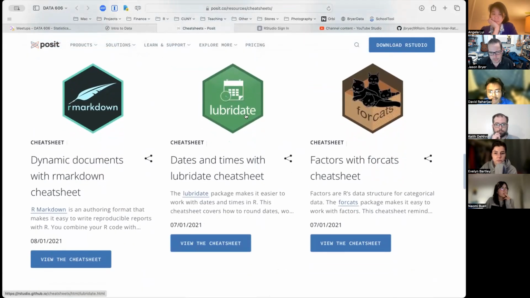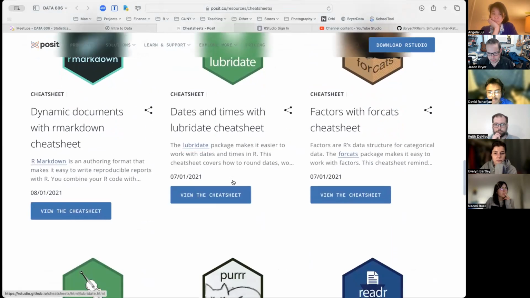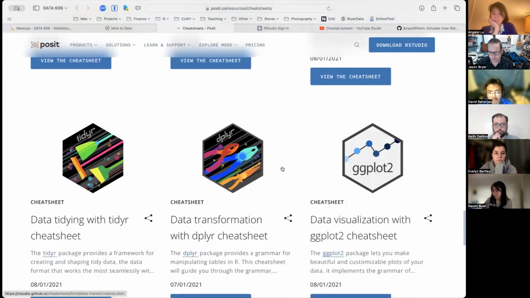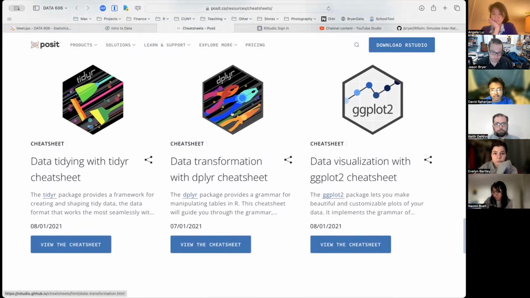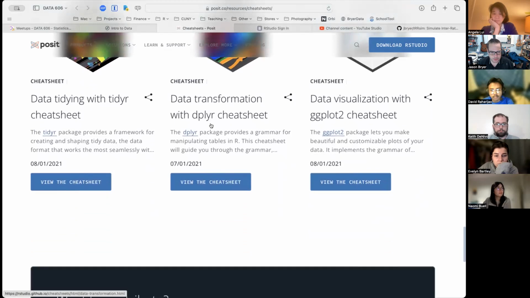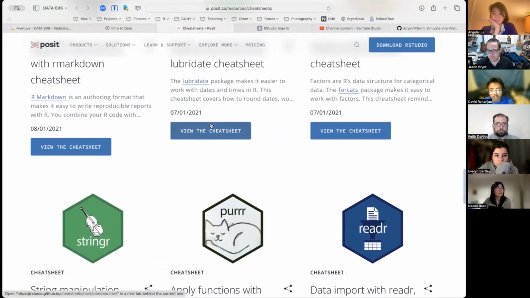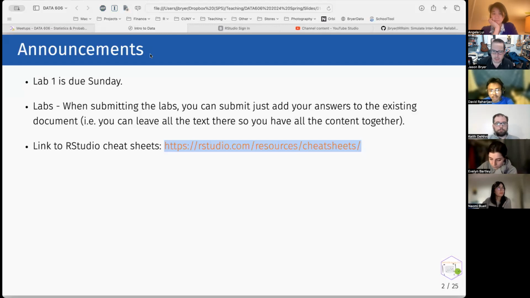If you have to work with dates, which you don't really have to a lot in this class, that's great for that. There's a ggplot2 cheat sheet. We'll talk about ggplot2 not tonight, but soon. dplyr, you might have already started encountering in 607. That's for a lot of data transformation. Anyways, these are all 2-page cheat sheets. I think they're really fantastic, great little references if you just have them handy.